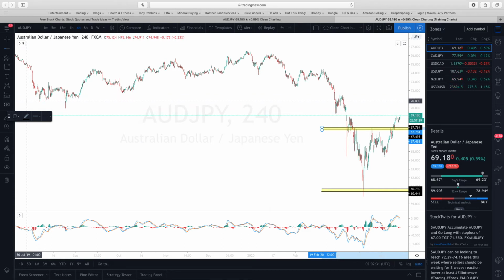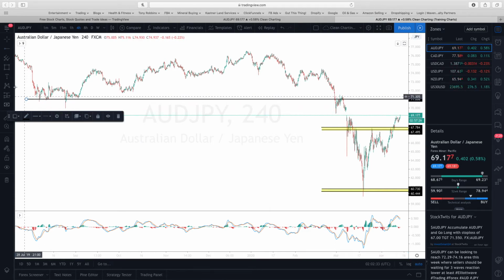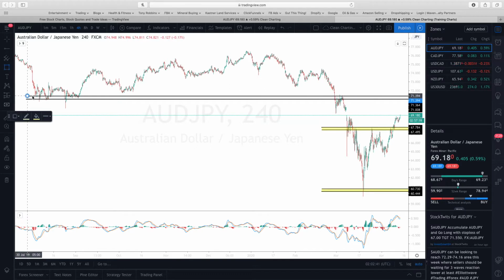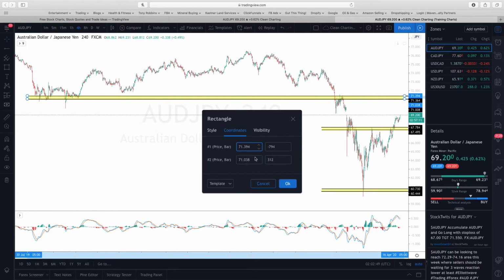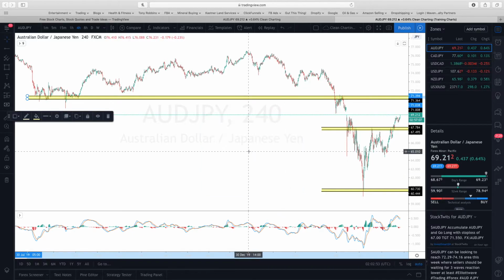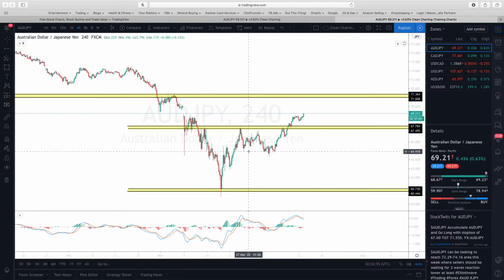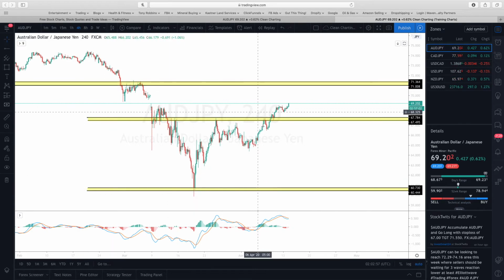So I'll throw my horizontal ray tool right there, and I will throw another one right there, and then I will draw my yellow box and set it to 5,000.